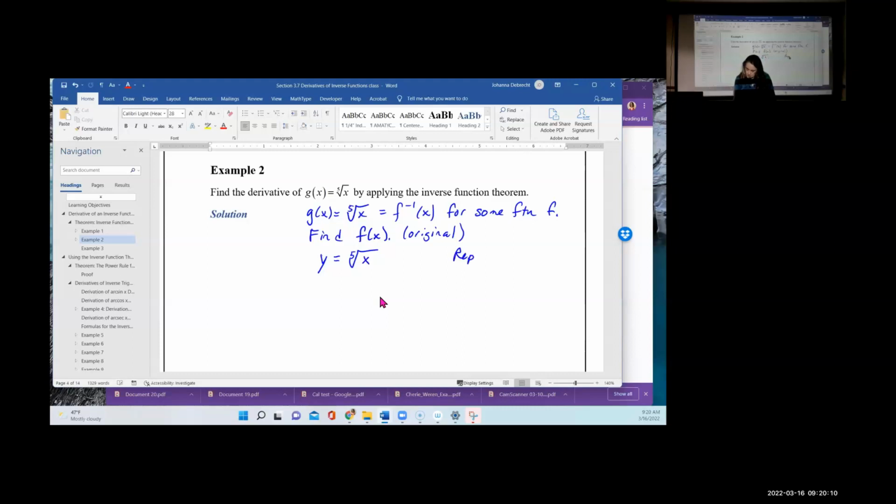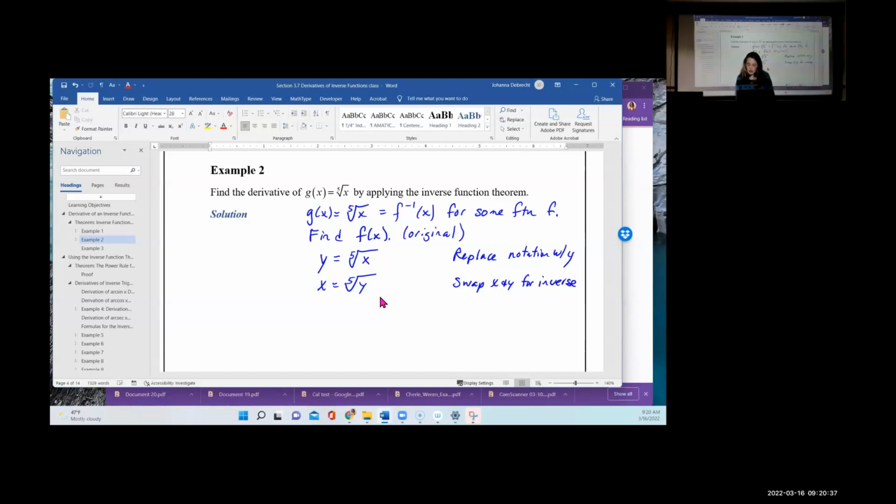So we're just replacing the notation with y. All right. The next thing we do is we swap the variables to get the x and the y. So we get x equals the 5th root of y. So we swap x and y for the inverse. And this is going to give us the original function.